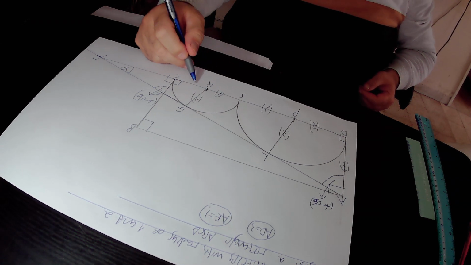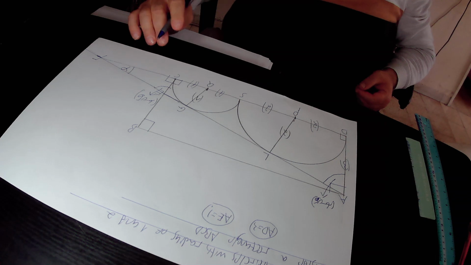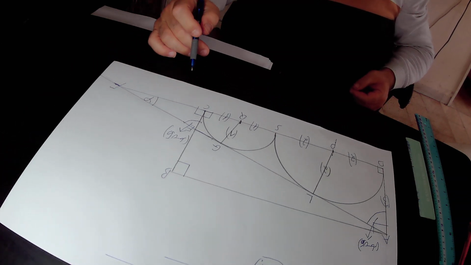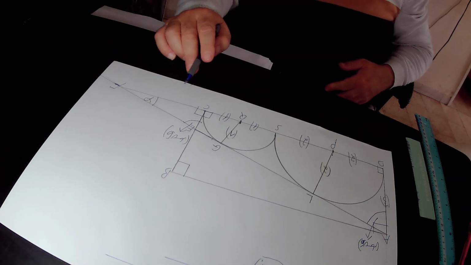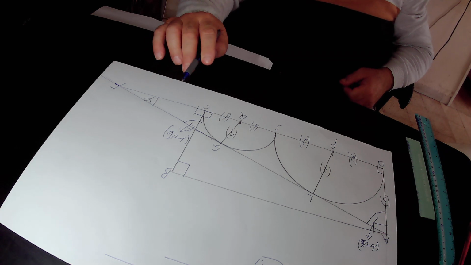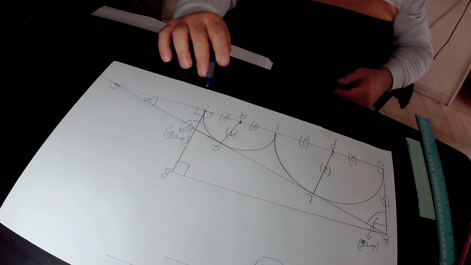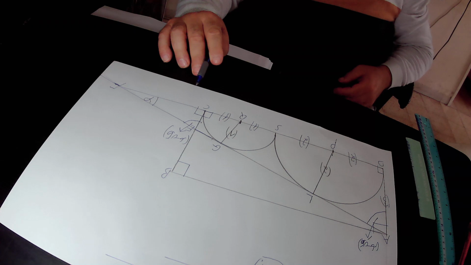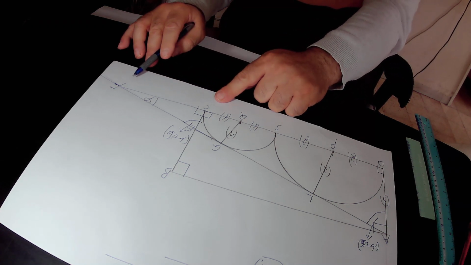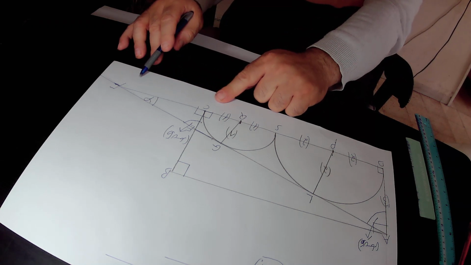So QS equals QC. And we have also here line segment CF. We don't know the length of line segment CF, it is unknown. So we define the length of this line segment CF as X.